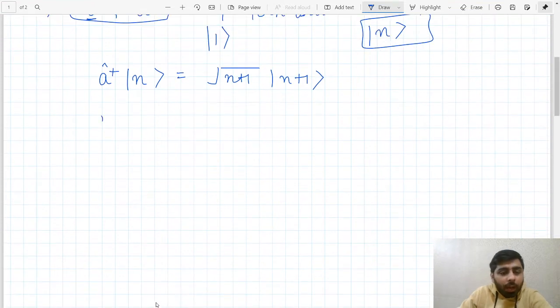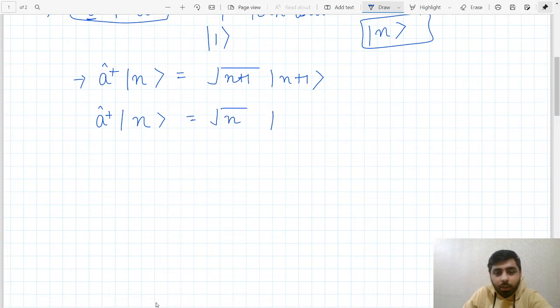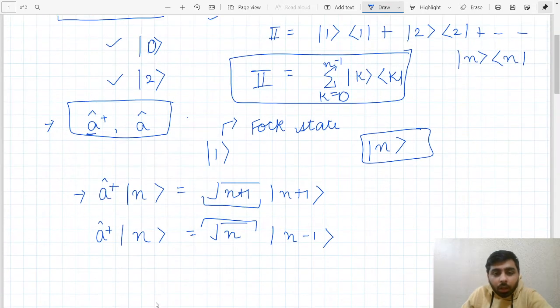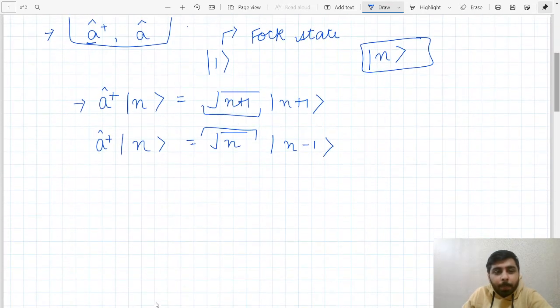And what does the annihilation operator do? It takes us one Fock state back. So this is root of n, and this is not a writing error. There is this asymmetry between the two.